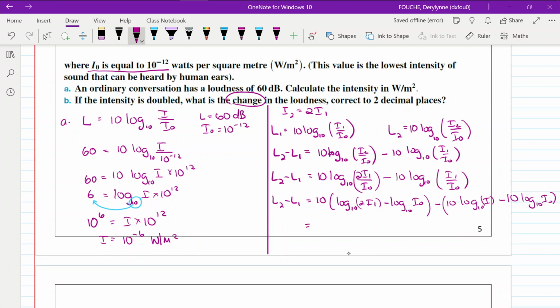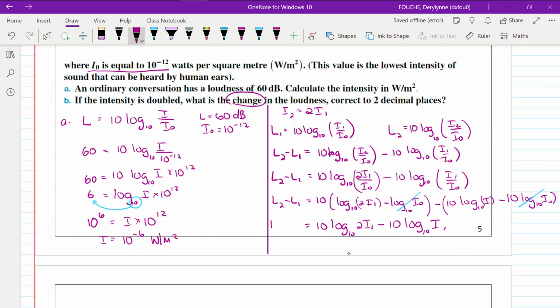And the cool thing here is that this 10 log base 10 of I0 gets added to that log base 10 of I0. Hang on, no, that's a subtraction, that's a plus. Well, they cancel out. Cool. Okay, so we have got left 10 log base 10 of 2I1 minus 10 log base 10 of I1.